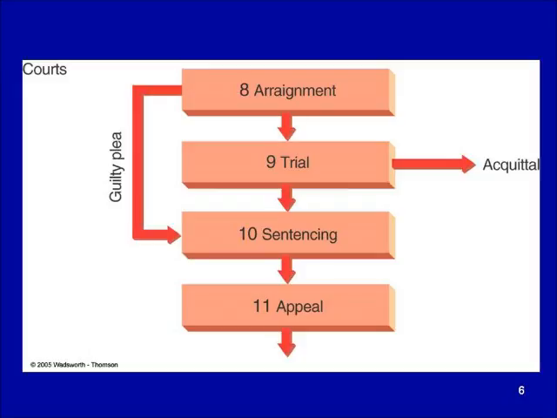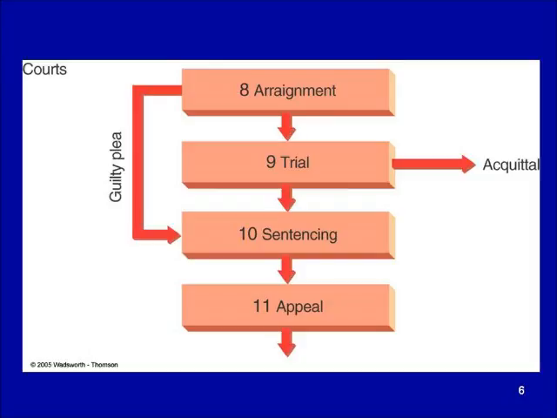We do not, in the American criminal justice system, find anyone innocent. It could be very likely that the person is still very guilty. We just couldn't prove it in court. So be very clear with that terminology. A person is not found innocent at trial, ever. They're found guilty or not guilty.